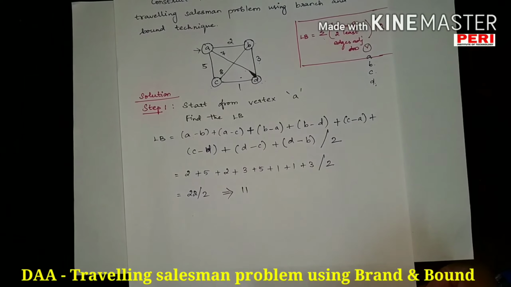So the lower bound value will be, add everything, 7 plus 5 plus 6 plus 4 divided by 2. So my answer will be, I think, 22 divided by 2, which is nothing but 11. So 11 is my lower bound value for A to B.